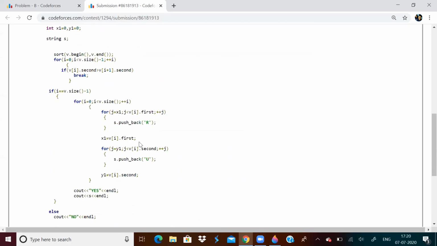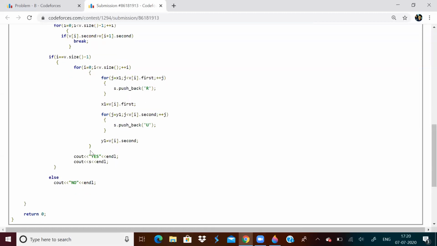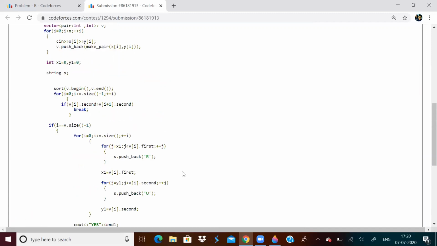And then every time I move right or every time I move up, I have to change the x and y coordinates respectively. Basically, this is for me to find out how many times I have to move right or up. So I'll put it in a string and then I'll print yes and I'll print the string, or I'll print no. That's all.